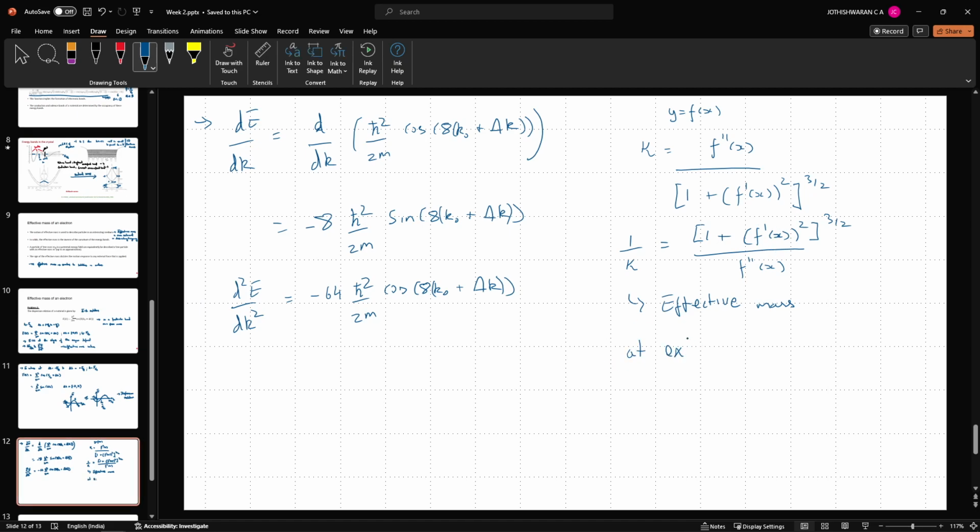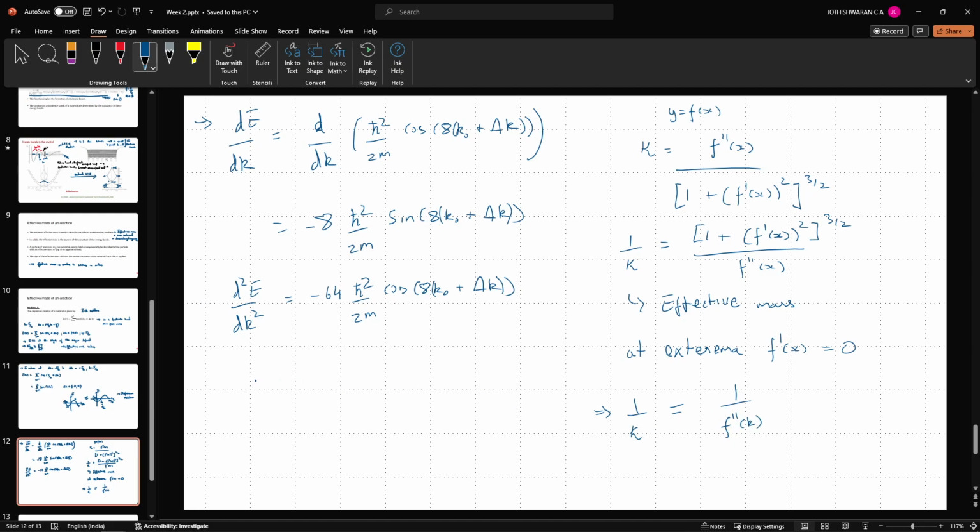At extrema, collectively those points are called the extrema. At extrema, f dash of x is 0, which implies at the maxima and minima points, I can say this is valid, f double dash of k.